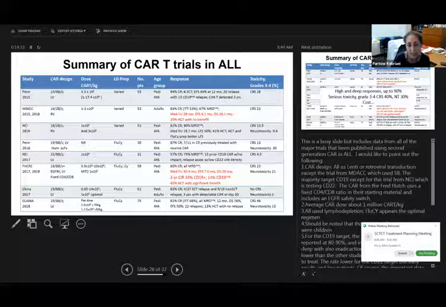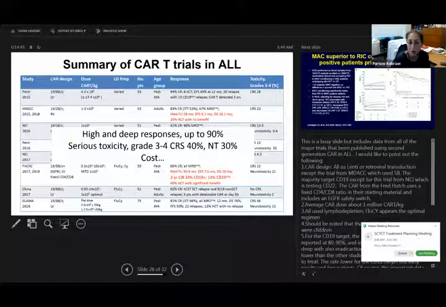And I include this table of CAR therapies really to be complete with regards to listing effective agents for ALL. But as we all know, although CARs can result in very high and importantly very deep, meaning MRD negative, response rates, the limitation is, one, it is associated with very serious toxicity in the form of cytokine release and neurotoxicity in about a third of patients.